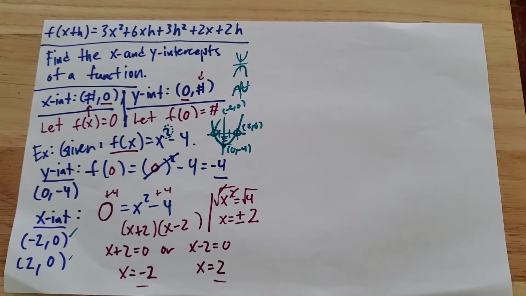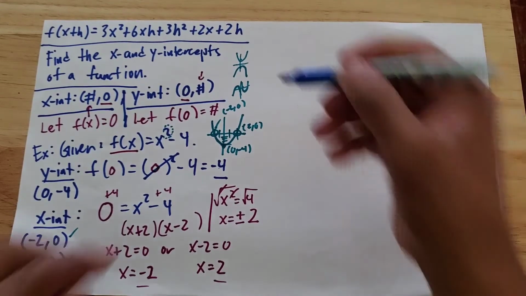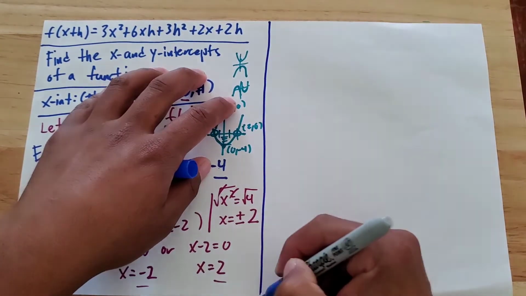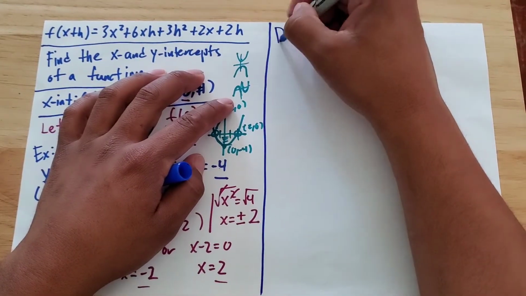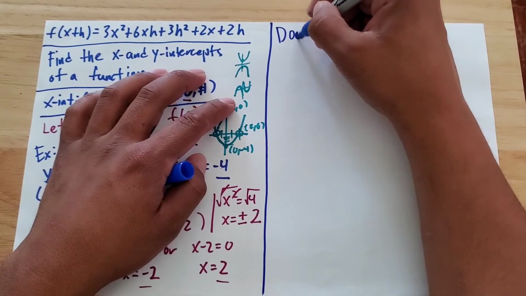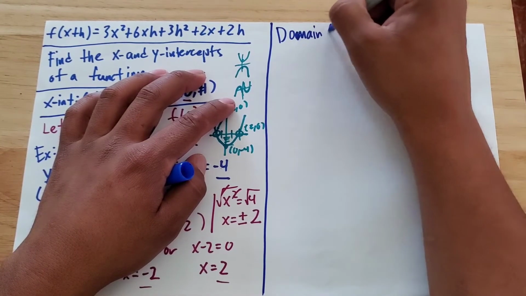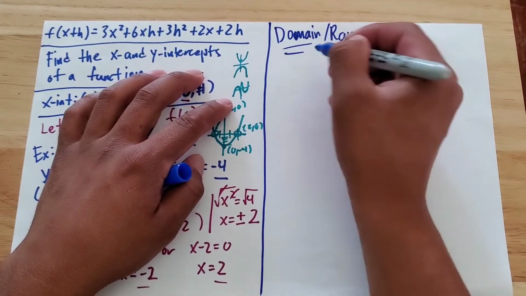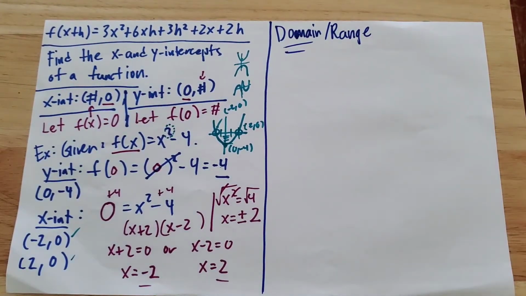But now, something else that we looked at in the previous video on functions, and that I've left out, is domain and range. We're going to focus on domain for now.